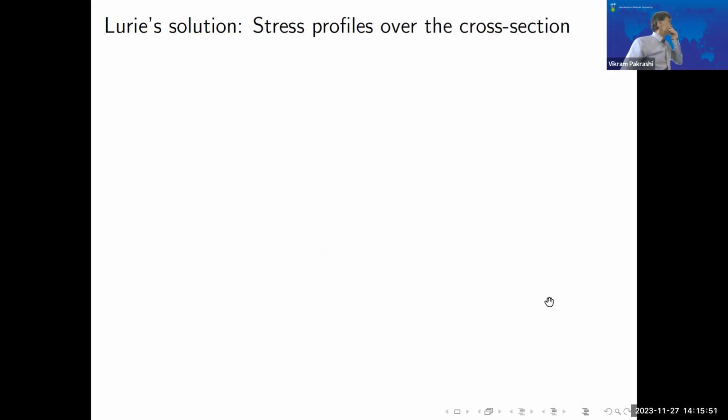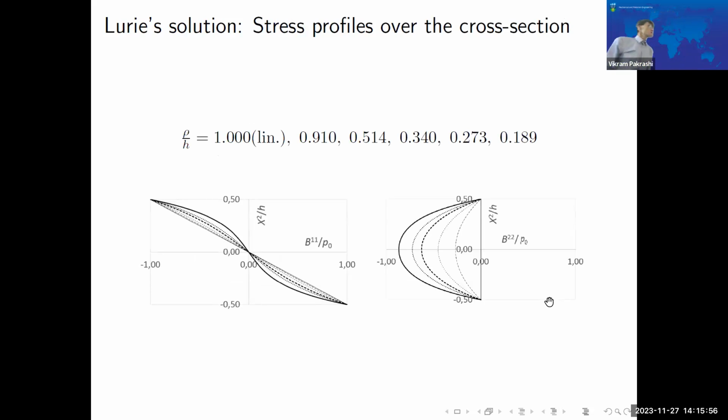Now, what is interesting is also that if we look into the stresses, this is the diagram that shows how longitudinal stresses change over the cross-section. In linear analysis, we have the linear distribution of the stresses. As the curvature increases, we have this departure from the linear distribution.